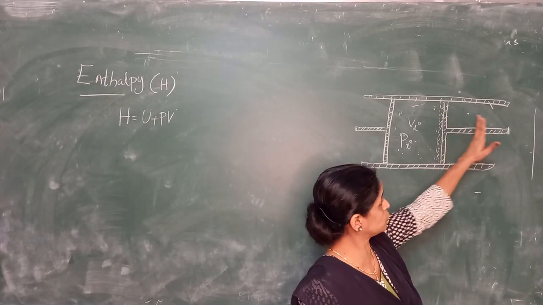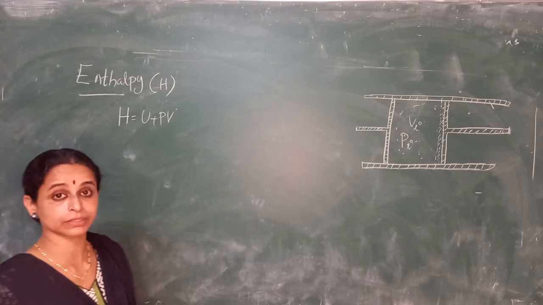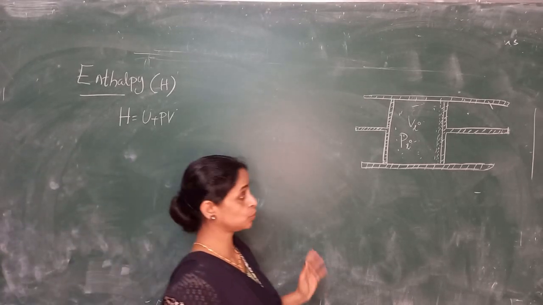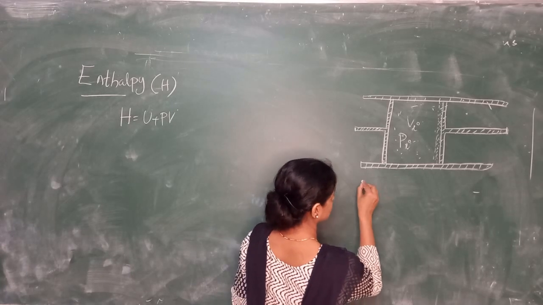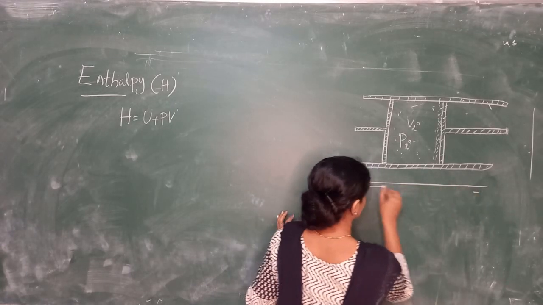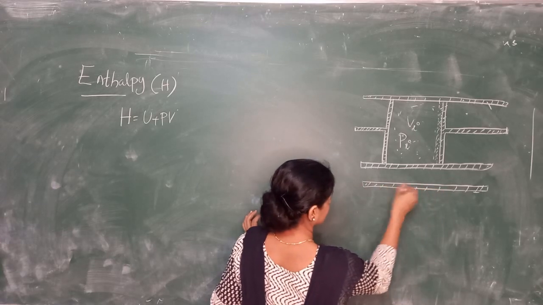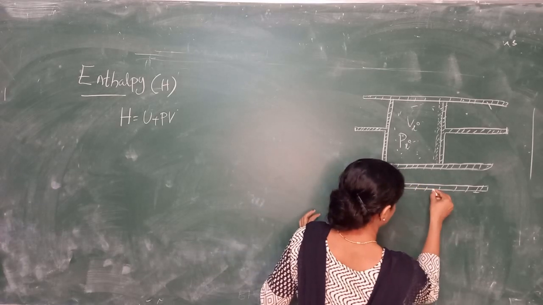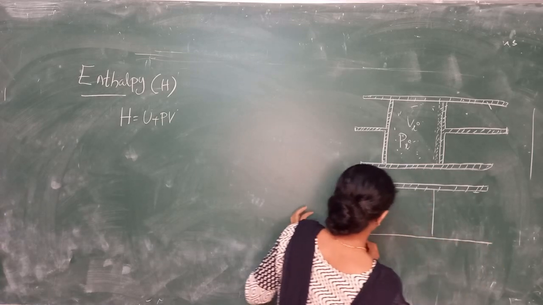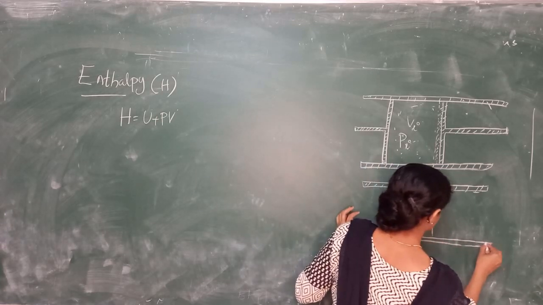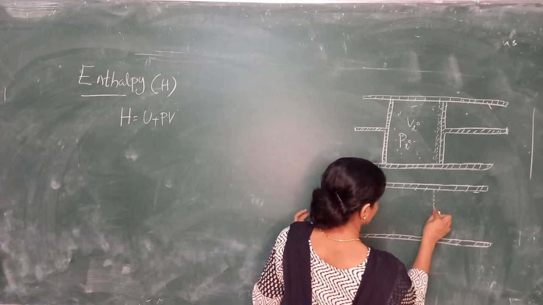It moves backward. After all the gas has moved to the second chamber, we can draw the next picture as well. This is the container, the same thing we are drawing, with this porous wall, again adiabatic.